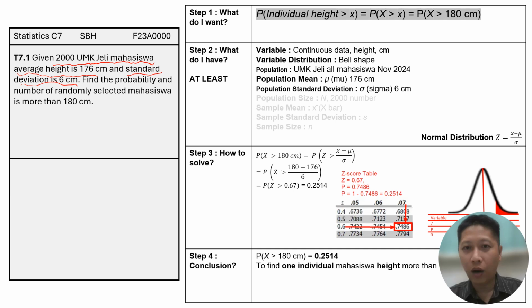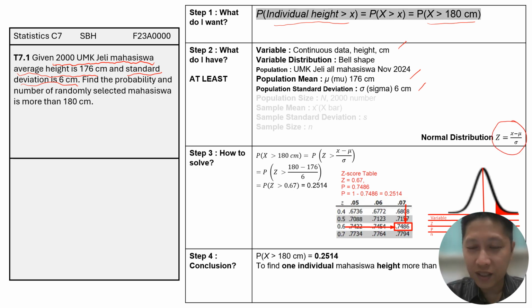Okay, we look at how to solve it. Because in this problem we have continuous data, we have the population average and the population standard deviation, and we want to find an individual height more than 180 cm, we can use the normal distribution formula here.